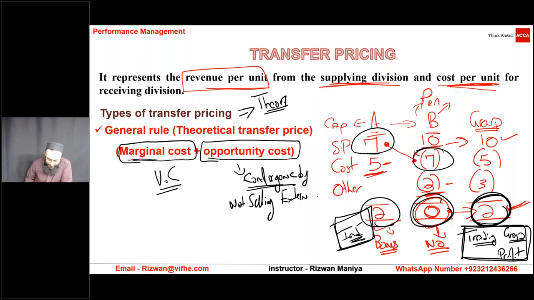So the best rule is the general rule. Note down what the general rule is: marginal cost plus opportunity cost. What is marginal cost? It's the variable cost. What is opportunity cost? Contribution foregone by not selling externally.